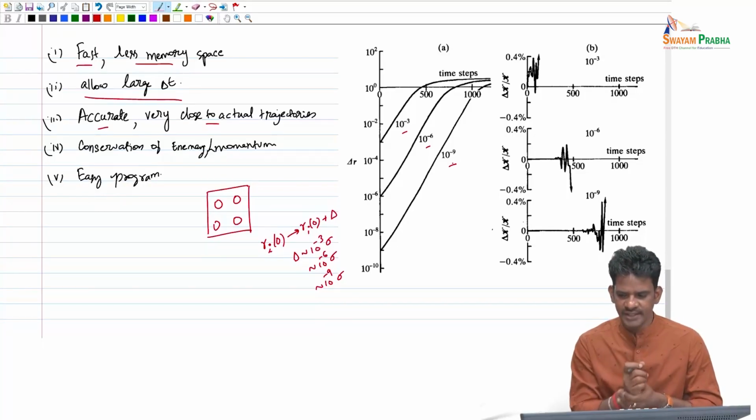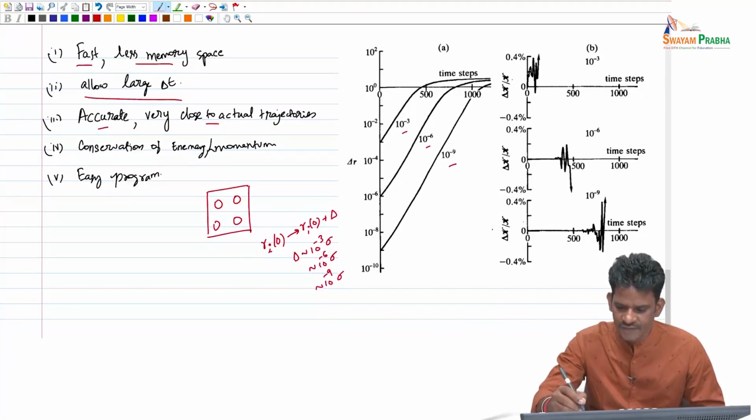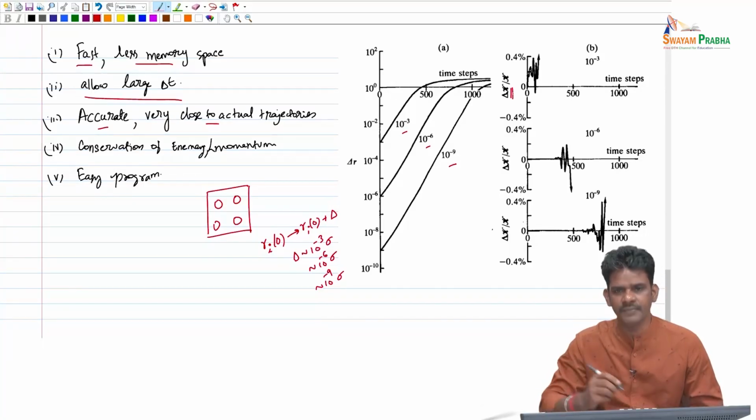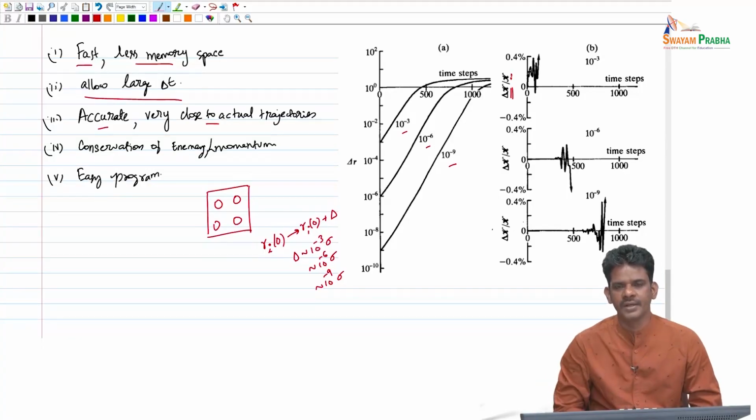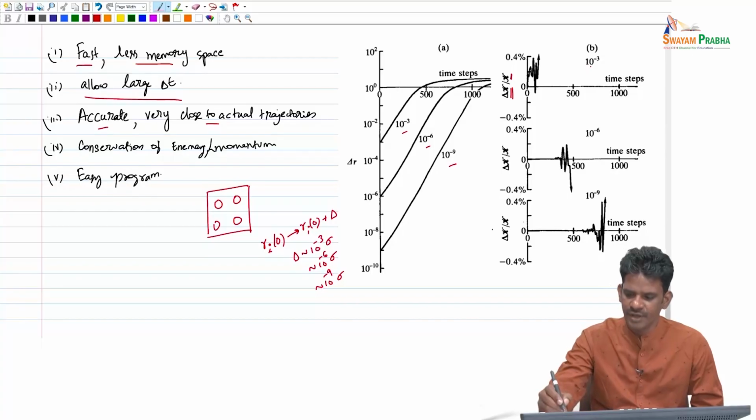In order to do that, what you can see here is we are plotting the change in the kinetic energy with reference to the original reference simulation kinetic energy for different amounts of perturbations.